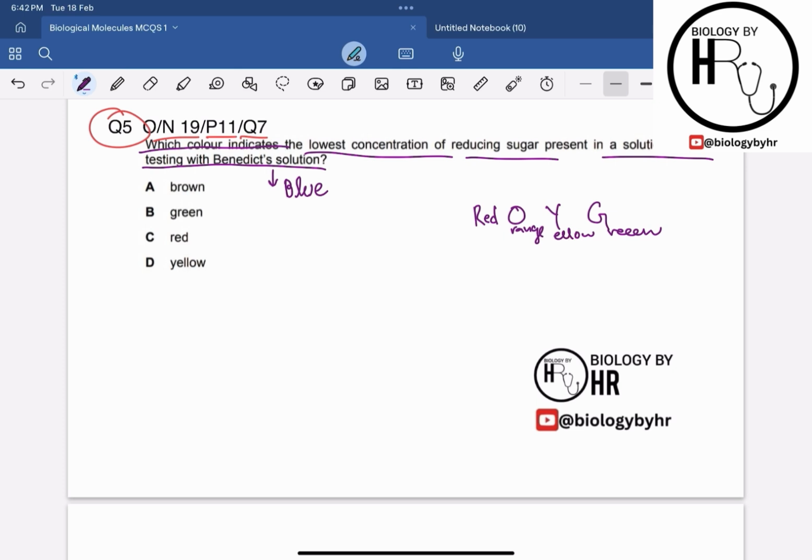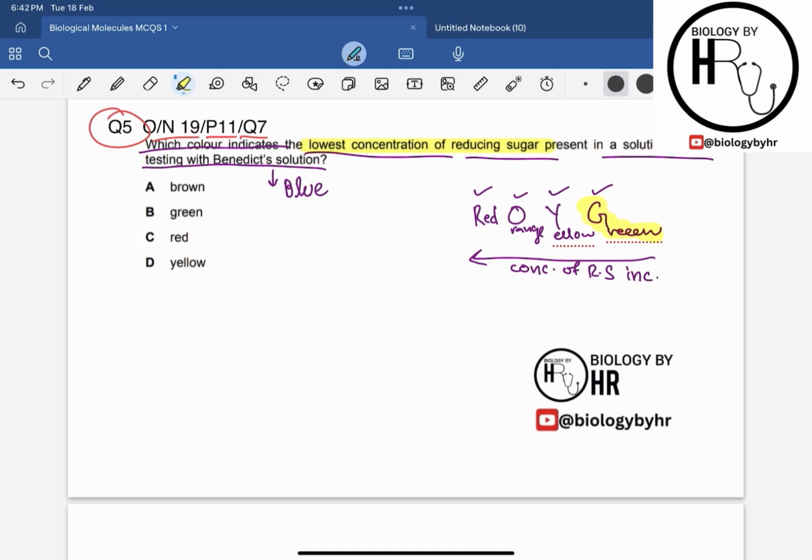The color depends upon the concentration of the reducing sugar. As we go from green, yellow, orange to red, the concentration of the reducing sugar basically increases, right? So the lowest concentration of the reducing sugar which they are asking about is indicated by the color green.